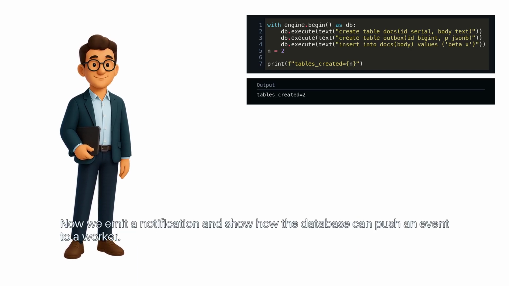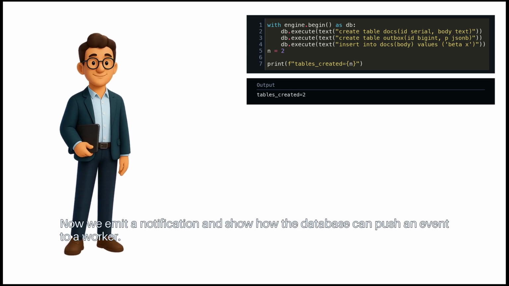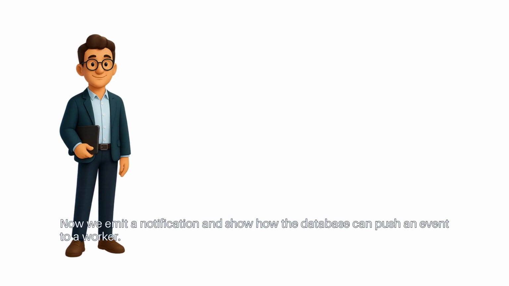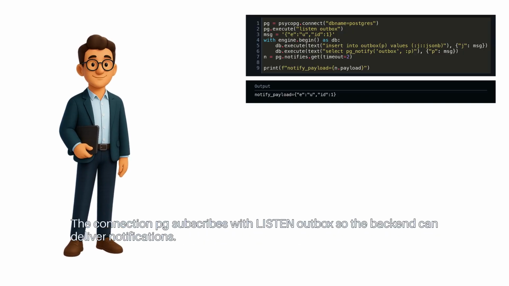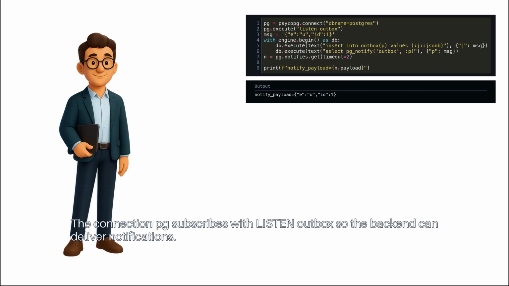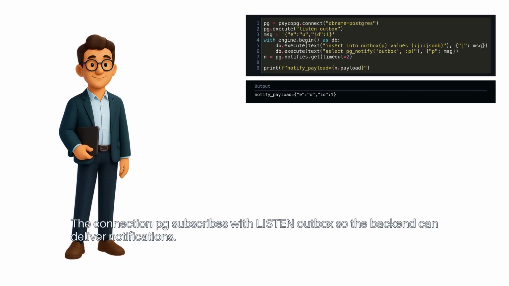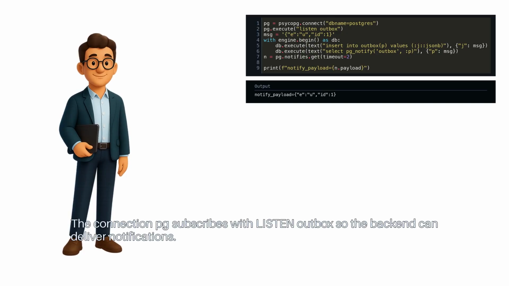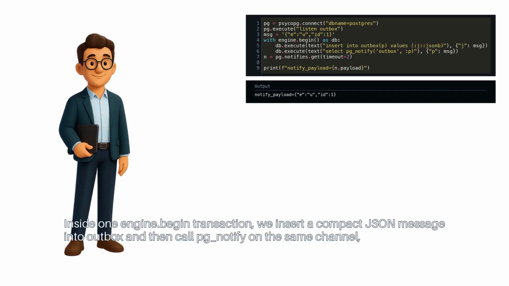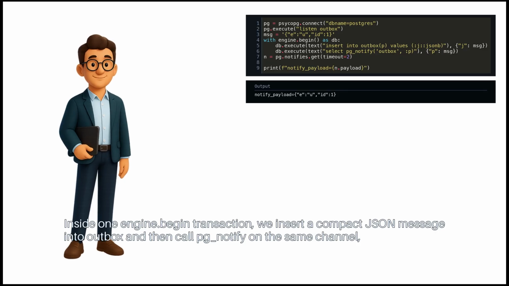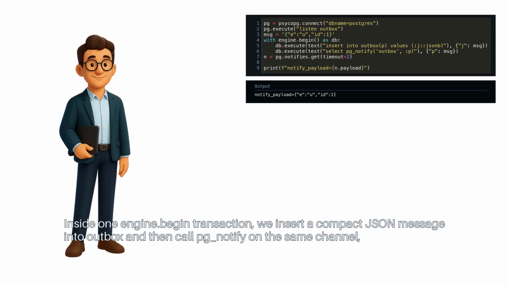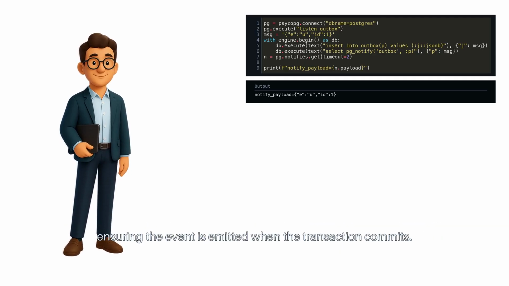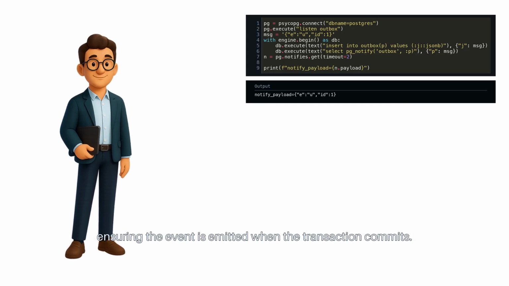Now we emit a notification and show how the database can push an event to a worker. This code wires a push path from Outbox to your worker using psycopg. The connection pg subscribes with LISTEN outbox, so the backend can deliver notifications. Inside one engine.begin transaction, we insert a compact JSON message into Outbox and then call pg_notify on the same channel, ensuring the event is emitted when the transaction commits.